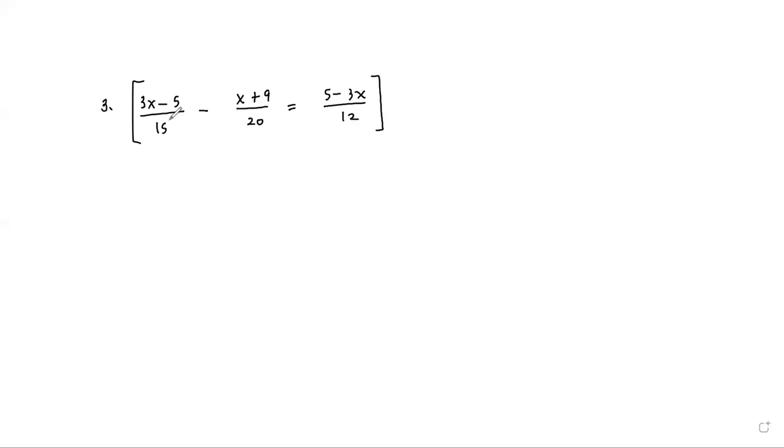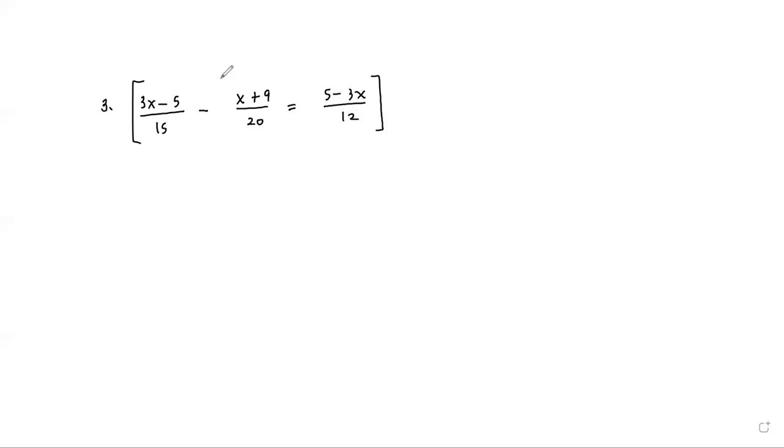So we want to know first the least common denominator of 15, 20, and 12. So the least common denominator is 60. It's the lowest number that is divisible by 15, by 20, and by 12.